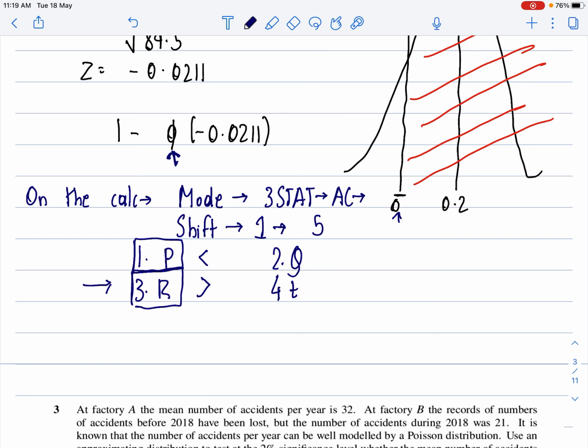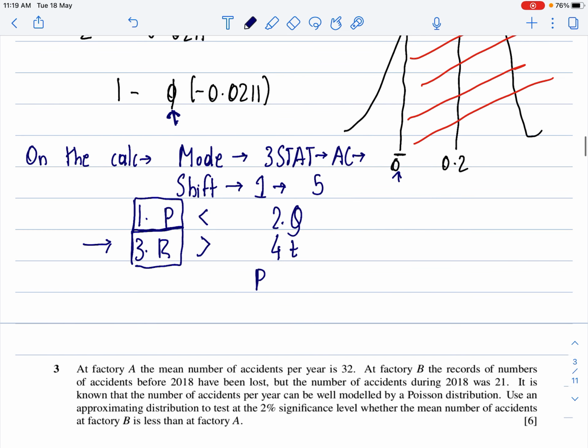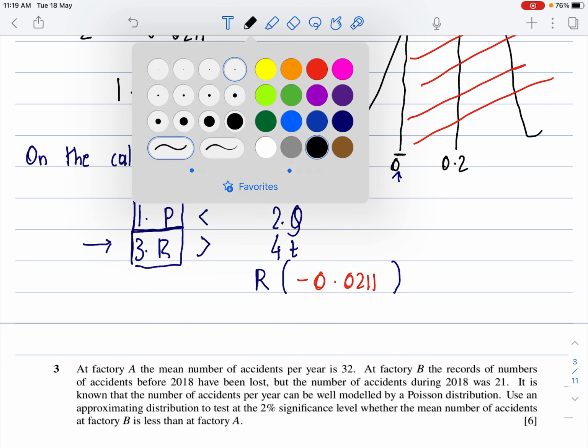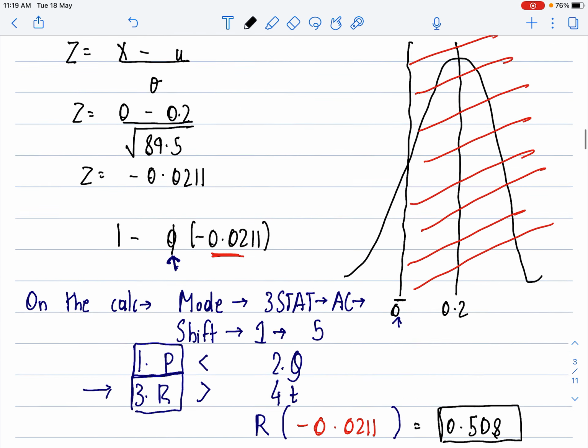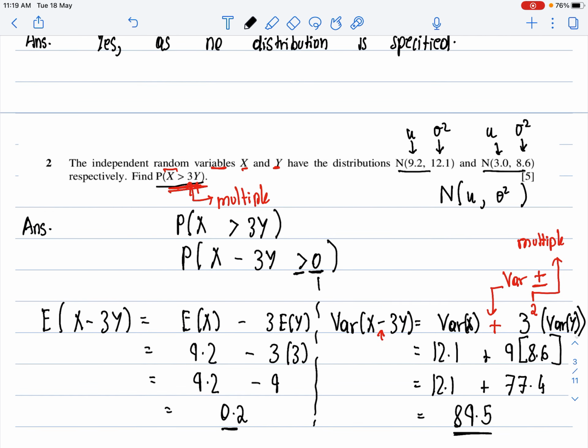So when we click on 3, I get R with a bracket here. So in the bracket, simply put the Z value, which is minus 0.0211, and then click on equal to. So just do that, and the answer you get is simply 0.508.